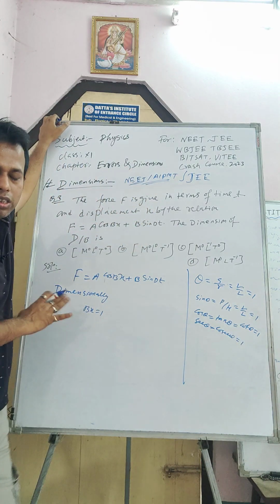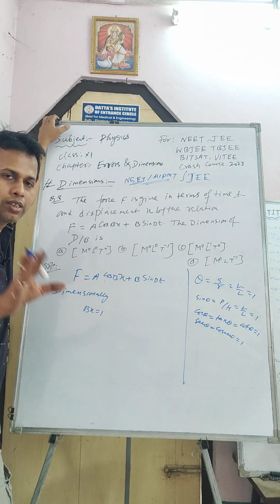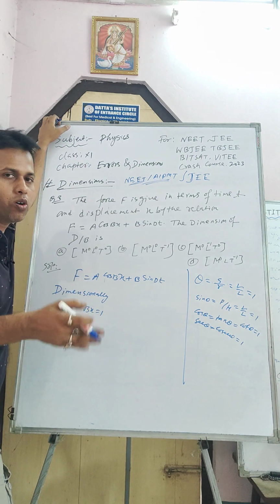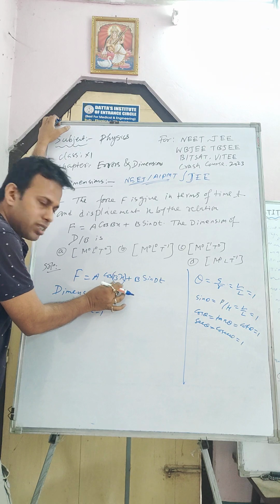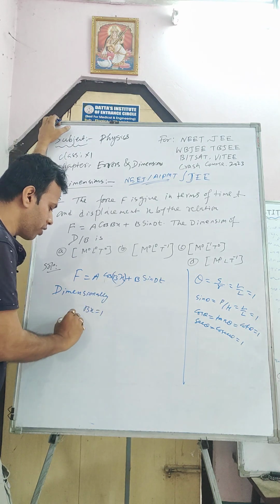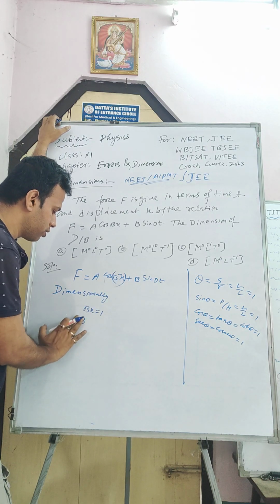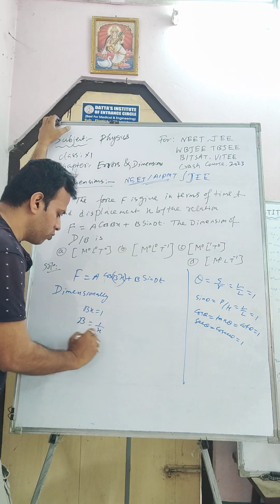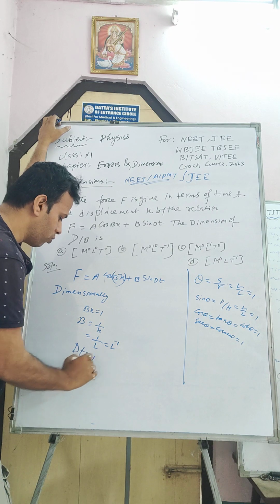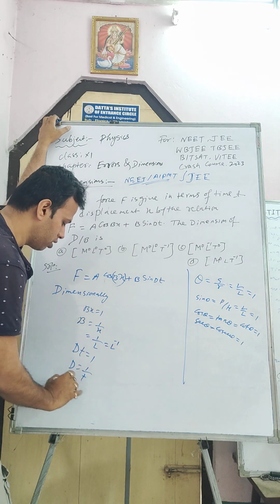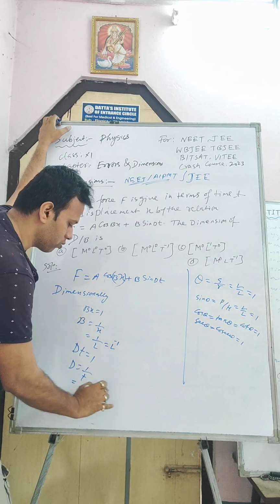All trigonometric functions are dimensionless and an angle is always dimensionless. Here bx is an angle, so bx is 1, so b will be 1 by x, that is 1 by L, L⁻¹. And dt will be 1, so d will be 1 by t, that is T⁻¹.